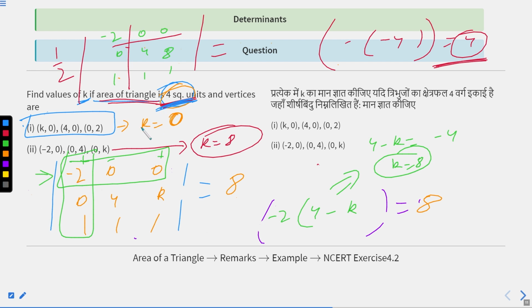In that way you will have two values for k. One I have already calculated for you. Please do the minus part also.